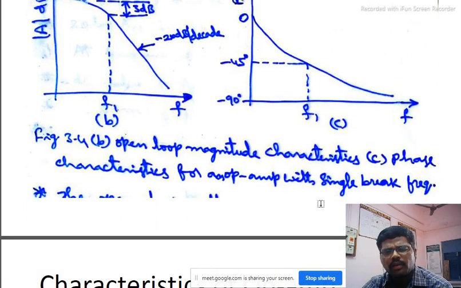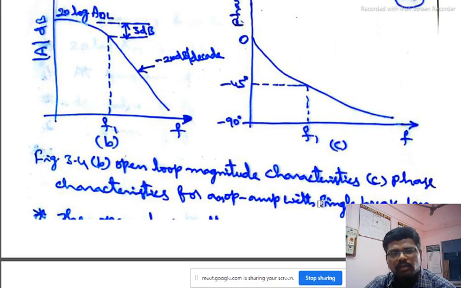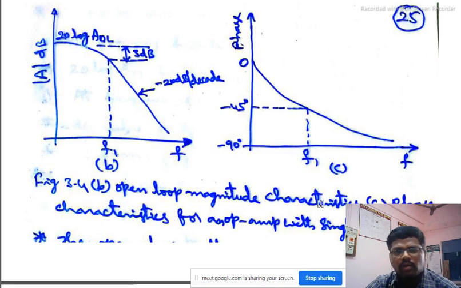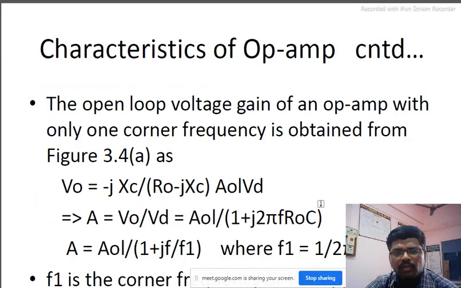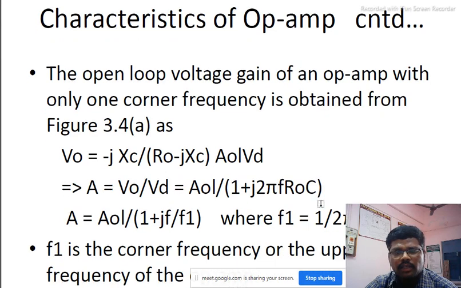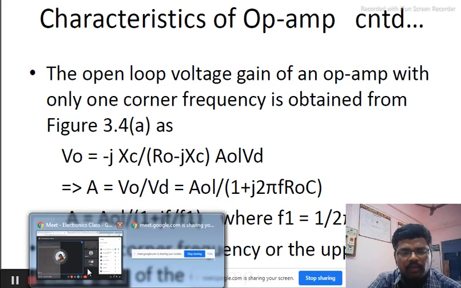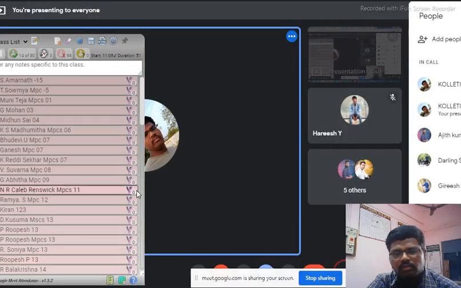There are different kinds of characteristics, low pass and high pass. Next, these are the next characteristics of an op amp. These are very important topics for you.